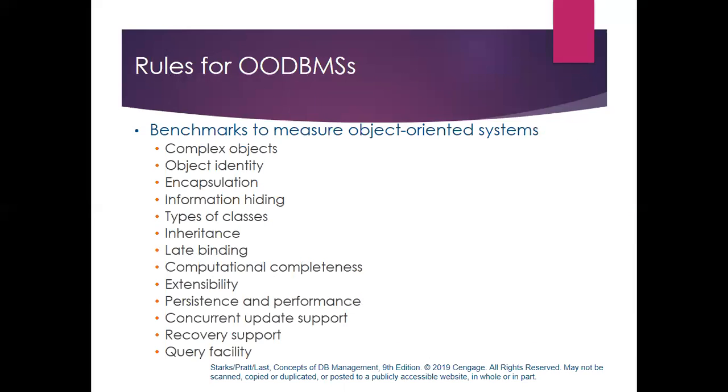The rules are complex objects, object identity, encapsulation, information hiding, types of classes, inheritance, late binding, computational completeness, extensibility, persistence and performance, concurrent update support, recovery support, and query facility.